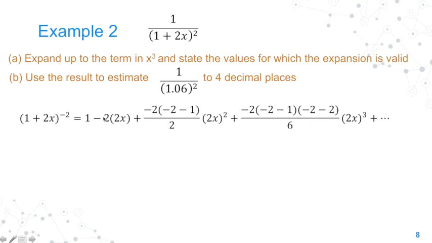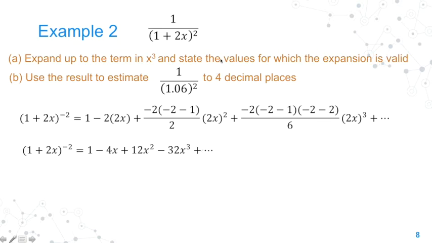So using the formula, just plug in n equal to negative 2 and 2x in place of x in the previous example. Alright, up to the x cubed term, so that means we have to stop here. Simplifying that accurately, it will give us 1 minus 4x plus 12x squared minus 32x cubed.